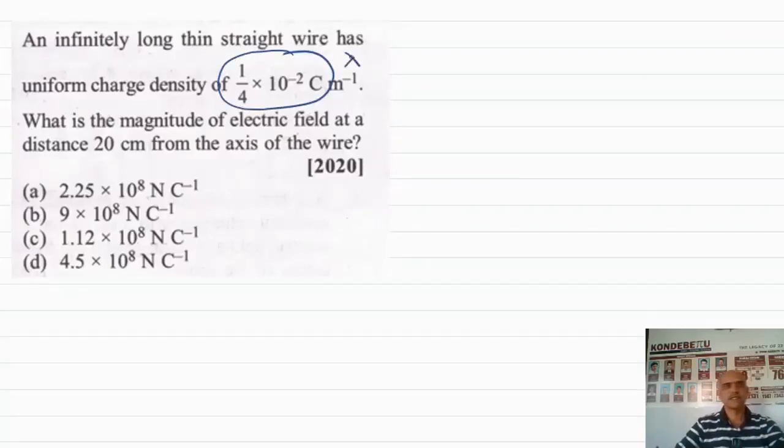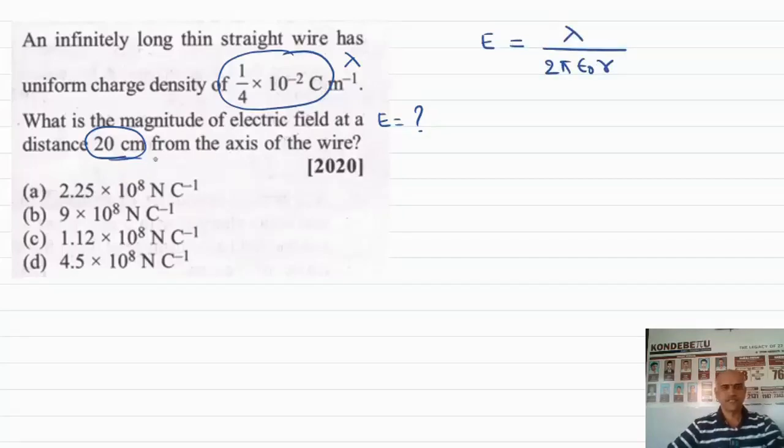You are required to find electric field E at 20 centimeters. R is given. So electric field due to a thin wire, as in the first problem, is lambda divided by 2 pi epsilon naught R. R is given as 20 centimeters, and lambda is given. If you substitute directly it becomes difficult, so I will modify it a little. Multiplying and dividing by 2, I will write it in this form: 1/4 pi epsilon naught into 2 lambda divided by r. The 2 and 4 cancel and the original formula comes back.